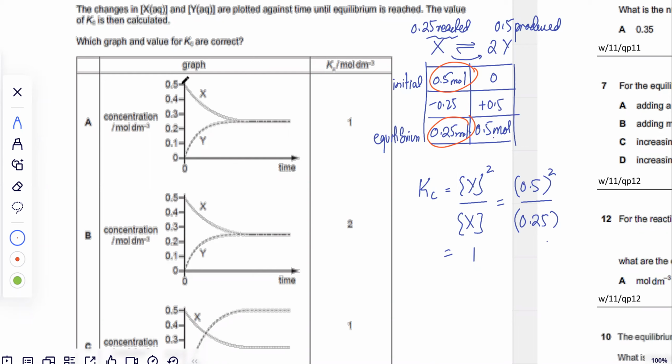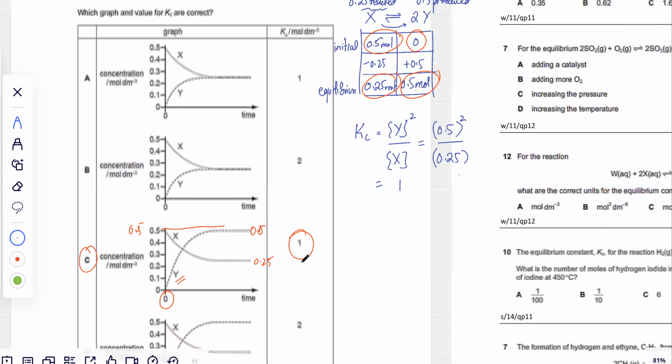So the graph would probably be this one. It's going to be C. That y starts at 0 and goes up to the 0.5 mark, and the concentration of x starts at 0.5 and decreases to the 0.25 mark. So the graph is probably going to look like this, according to the information that's given. And the value of Kc is going to be 1. They were looking for the value of Kc. Is this clear?